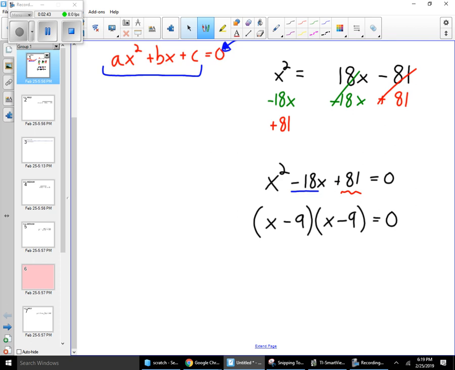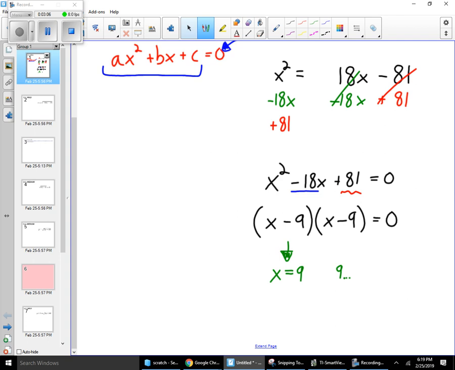Notice I got the same factor twice. So I have two possible solutions for this quadratic equation. They just happen to be the same thing. X is either positive 9 or it's positive 9. So this is one of those somewhat boring quadratics. Two solutions, but they're the same number.